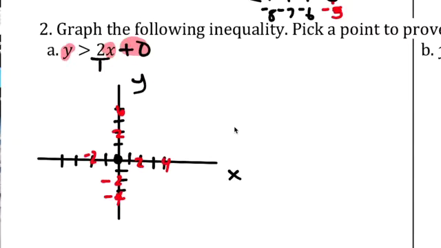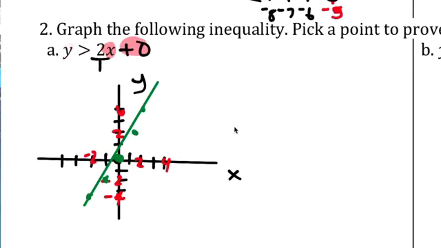Okay, so you start out at 0, 0, the origin. Go up 2 over 1, up 2 over 1. And then go the other way, down 2 over 1, down 2 over 1. Get a line.